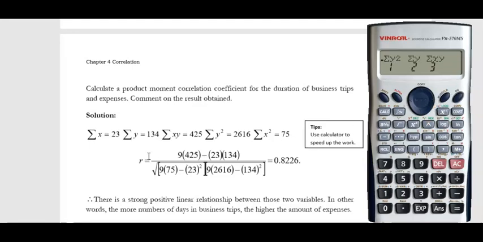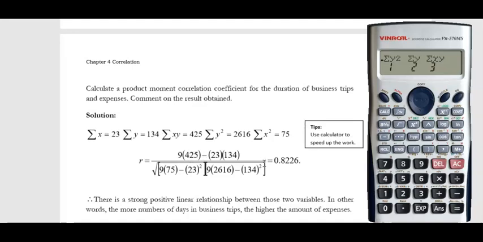Right? Okay, the next step is if you want to calculate automatically the value of R from the calculator, before you calculate, you must plug in all the summations value that you get from the calculator into the formula first.